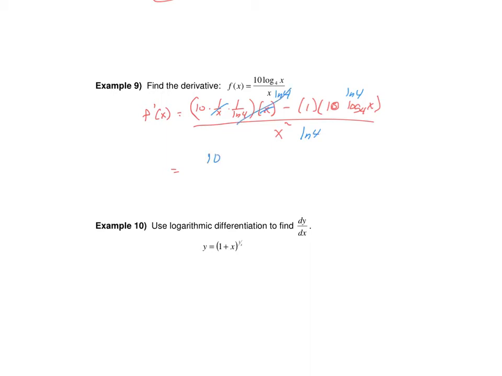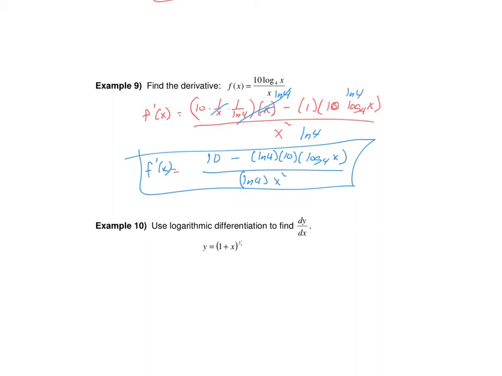So that gives me a 10 minus, let's go with natural log of 4 times 10 times log base 4 of x, all over natural log of 4x squared. All right, no complex fractions, no negative powers.